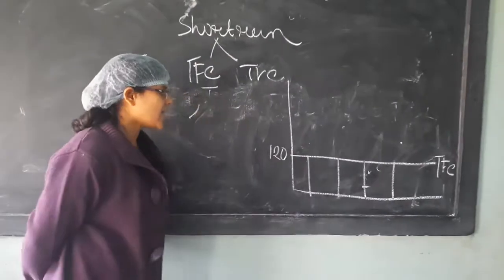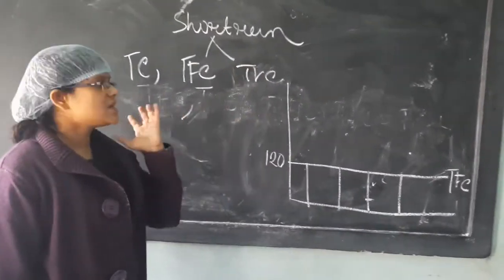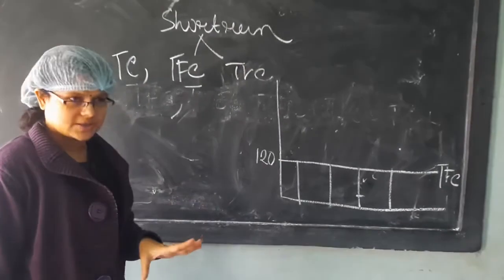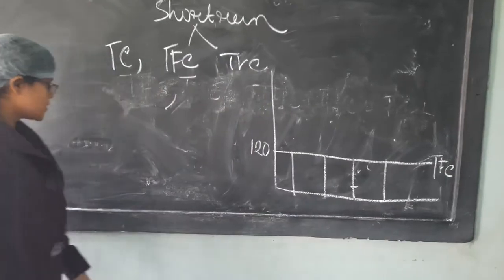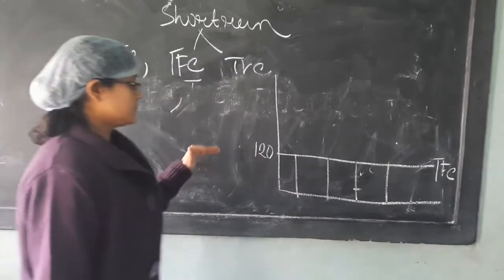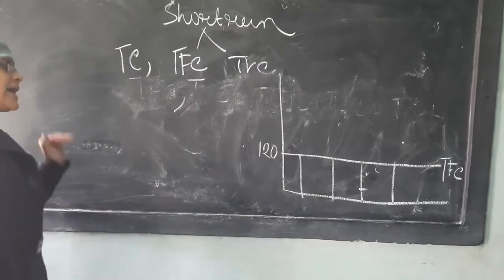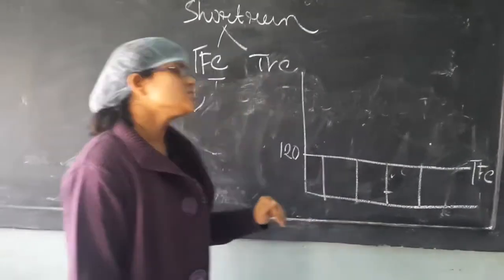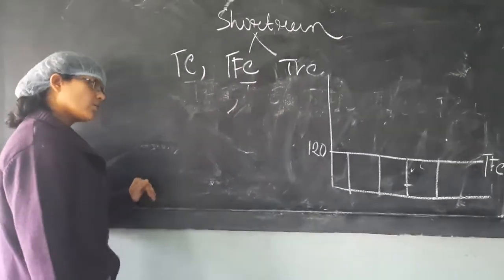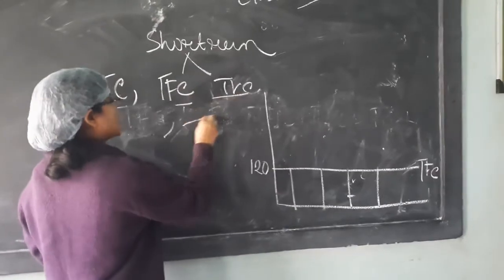Like that, up to a certain level of production, fixed cost in total remains fixed. That's why it is a straight line parallel to the x-axis, and at this cost any quantity can be produced up to a certain extent. Okay, understood?